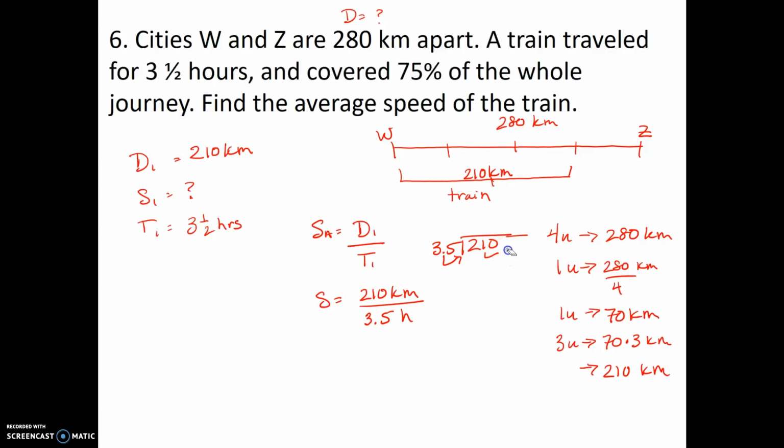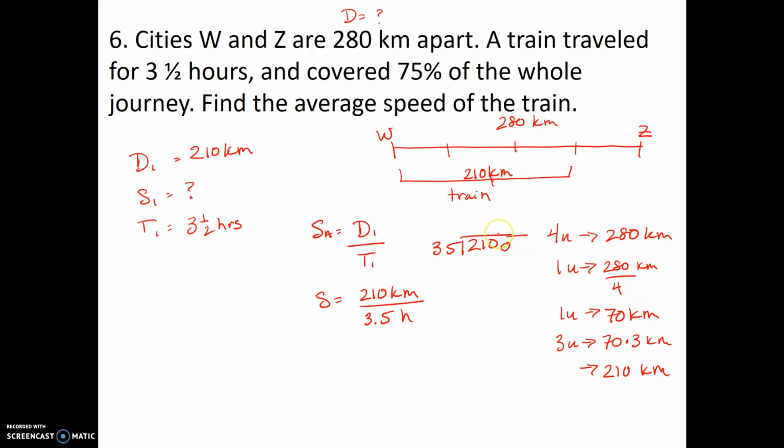So let's erase this, since we're moving the decimal over, this number needs to become 2,100, and then this number needs to become 35. Because remember that we need to make that divisor a whole number. Okay, so let's just guess here.